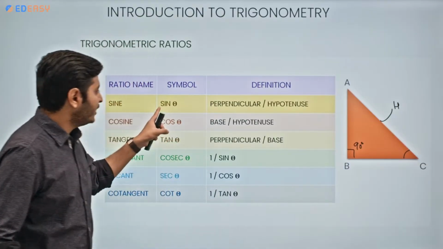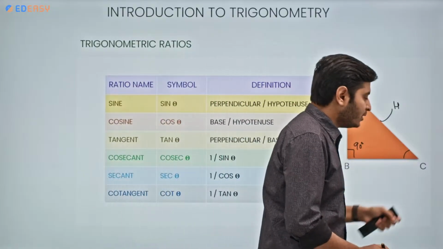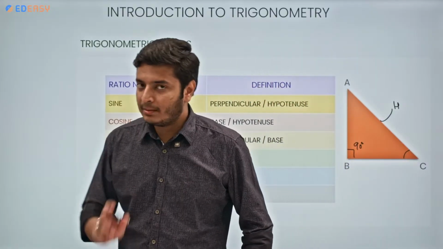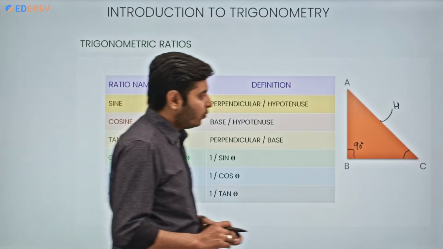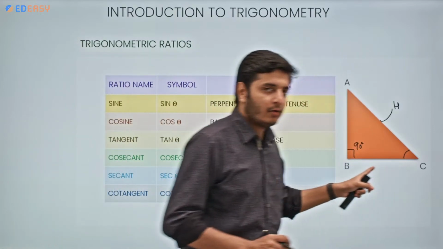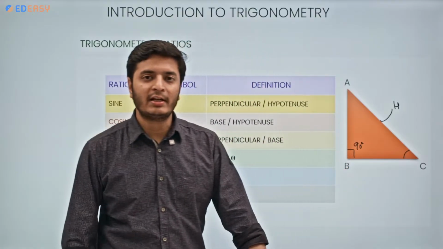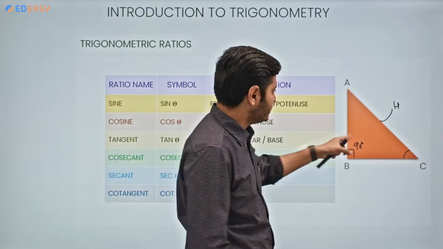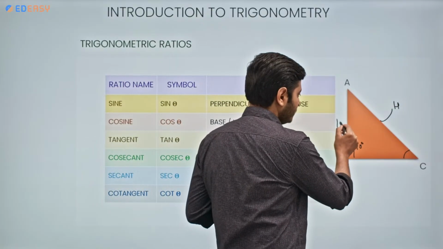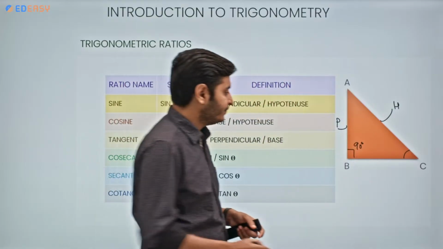Now, you can write it like this, SIN and the angle name. So if we are going with angle C, then perpendicular by hypotenuse will be the sine. What is the perpendicular now if we are referring to angle C? Perpendicular is the side opposite to the referred angle, correct? Which side is opposite to this C? This AB. So this is the perpendicular. Then which side is the base? BC.